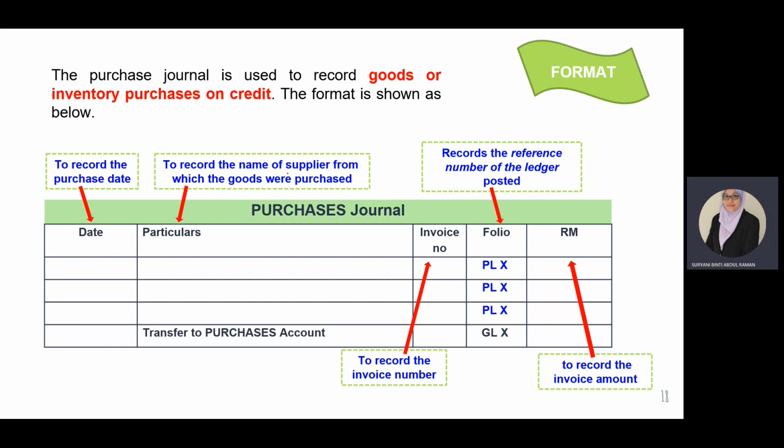Next is to record the name of the supplier from which the goods were purchased on credit. So this is the name of your supplier. Since you bought on credit, the supplier is also called accounts payable.